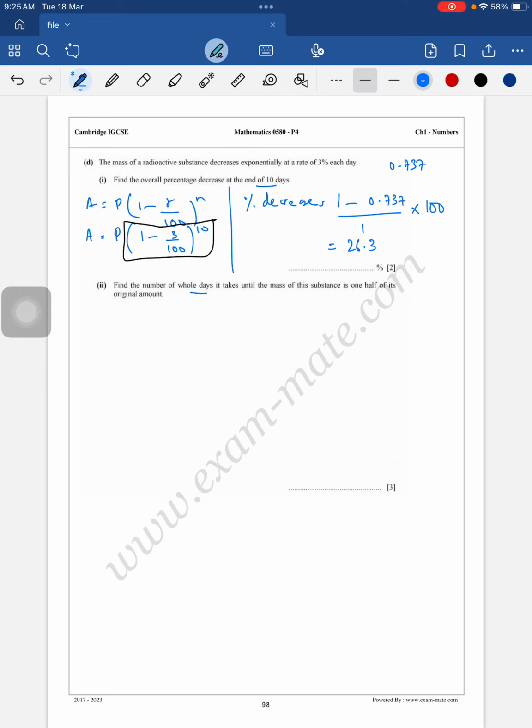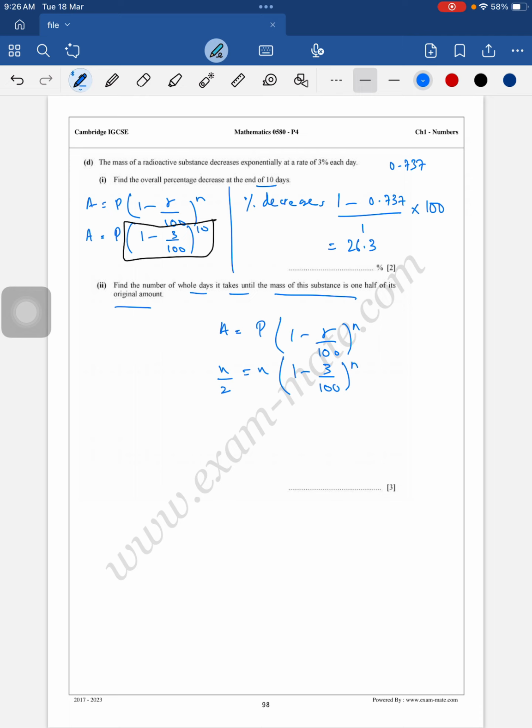Find the number of whole days it takes until the mass of the substance is 1/2 of its original amount. Okay, so A is equal to P times 1 minus r upon 100 power n. If the principal is X, the final amount is X upon 2. r is 3.